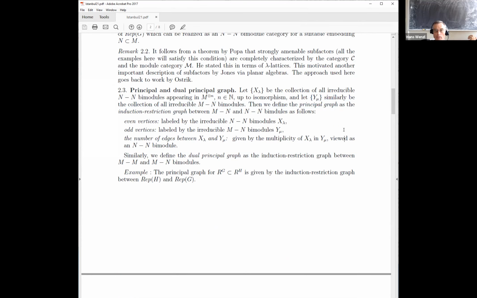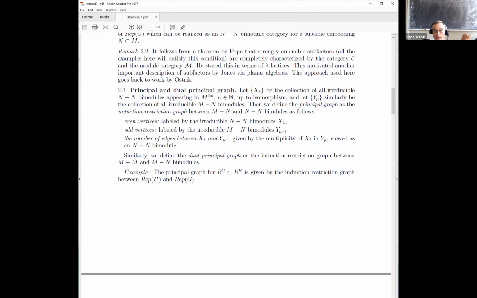Then we define the principal graph as follows. It's a bipartite graph, sort of what Sorin also referred to in his setting as a standard invariant. The even vertices are labeled by the irreducible NN bimodules. The odd vertices are labeled by irreducible MN bimodules.